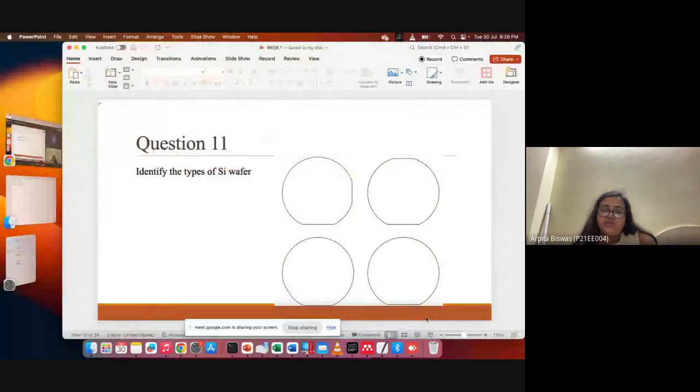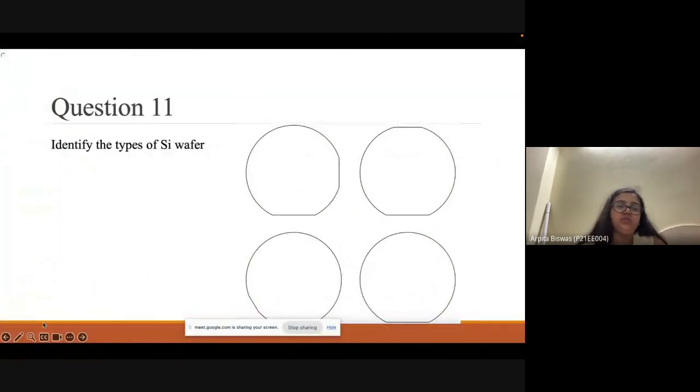So now here you can see how to find out which type of silicon wafer it is. There is a primary cut, which is the bigger one.